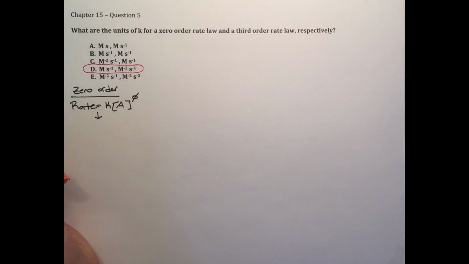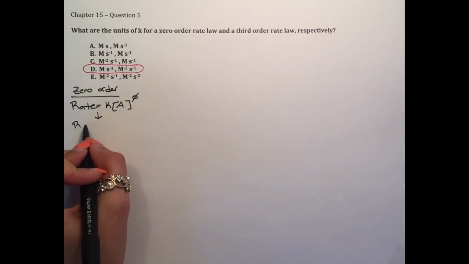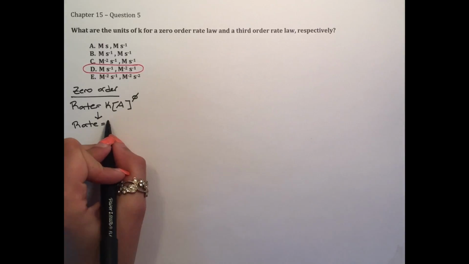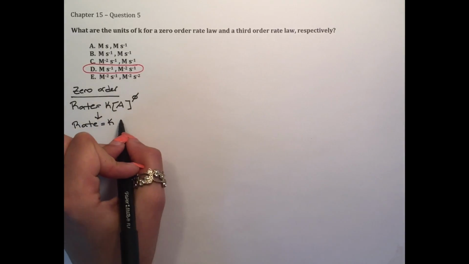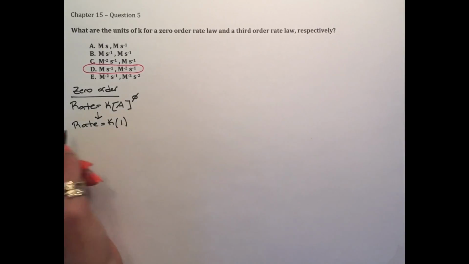Now what we are going to do is follow our units. But first, let's simplify this equation a little bit further. What we have now is rate equals K times 1.